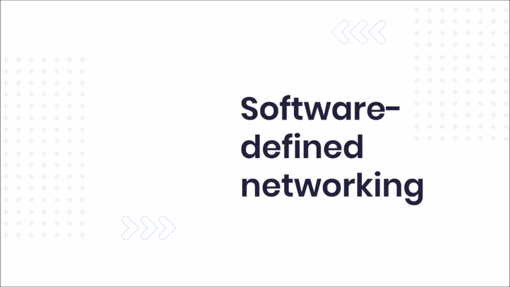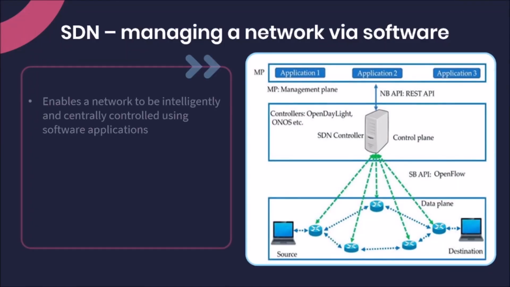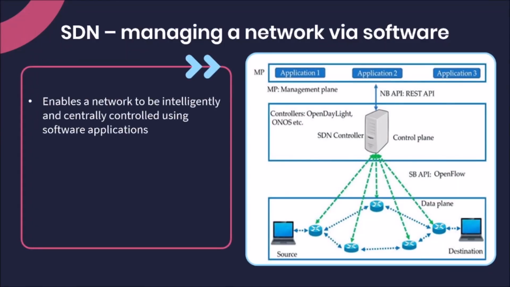Our final section in this lesson is a look at software-defined networking technology, or SDN, which is basically an architecture that was designed to make a network more flexible and easier to manage. Software-defined networking, SDN, enables a network to be intelligently and centrally controlled using software applications.